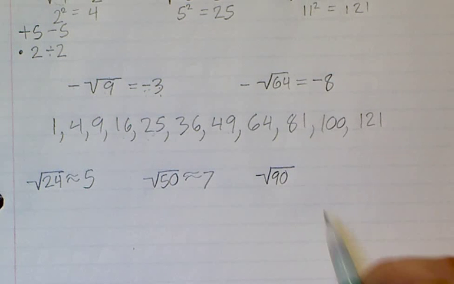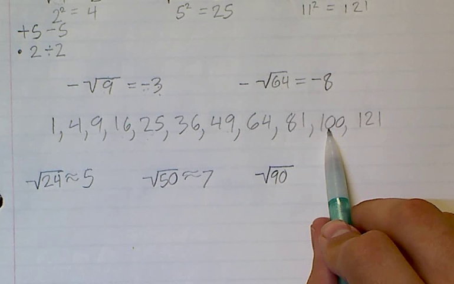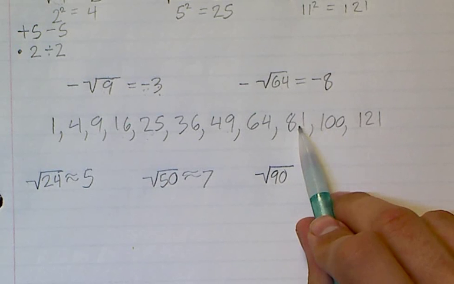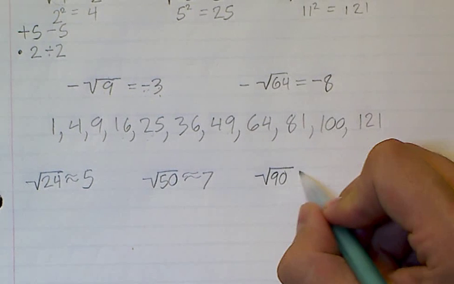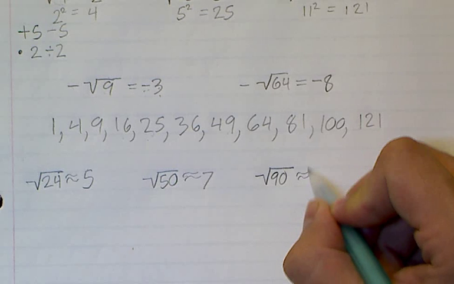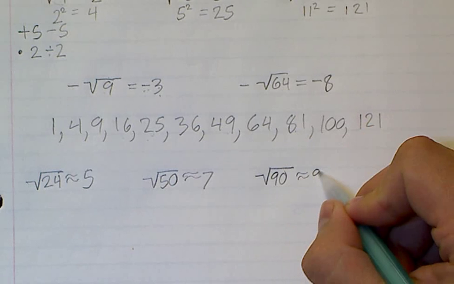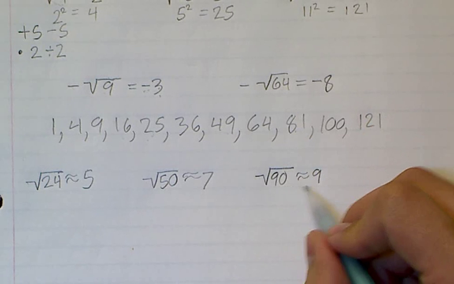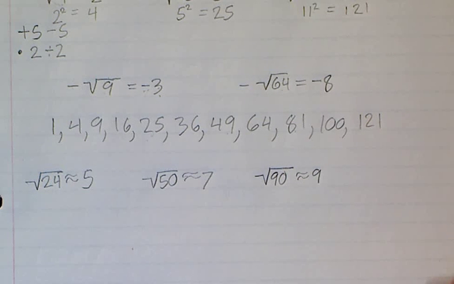Well, what's it closer to? Is it closer to 81 or is it closer to 100? It's a little closer to 81. It's just 9 numbers away from 81. It's 10 numbers away from 100. So we're going to say that it's about, well, what's the square root of 81? It's 9. So this is about 9. If you were to take the square root of this, you would get 9 point some numbers.